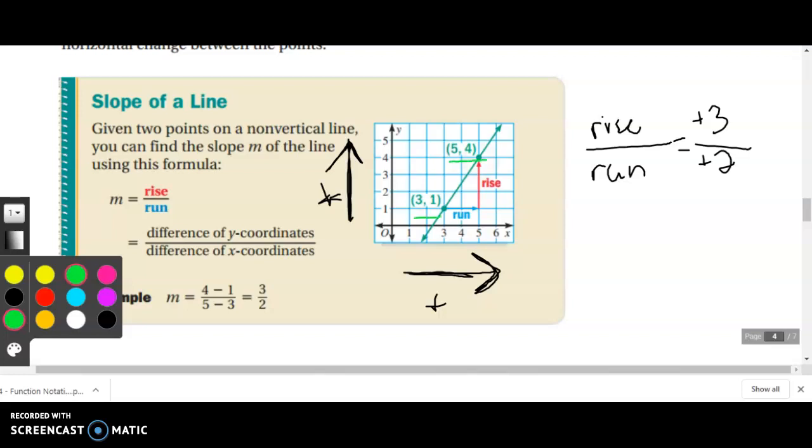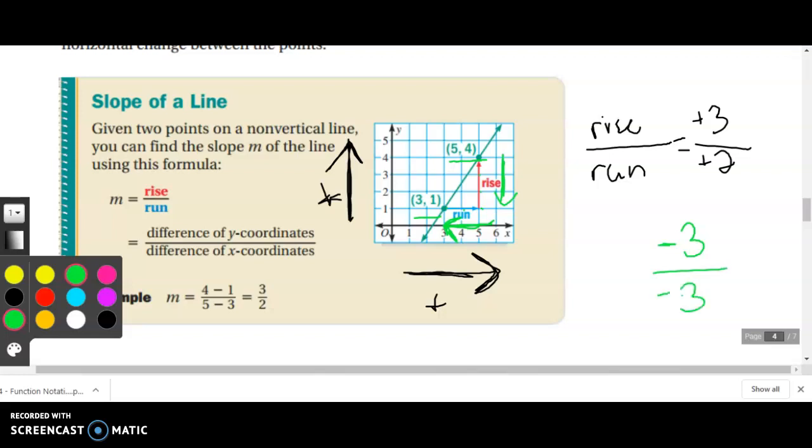So in this case, the rise would be 1, 2, 3, but we'd be going down 3. But the run would be going to the left 1, 2. And anytime you make a movement to the left on a number line, that's a negative.